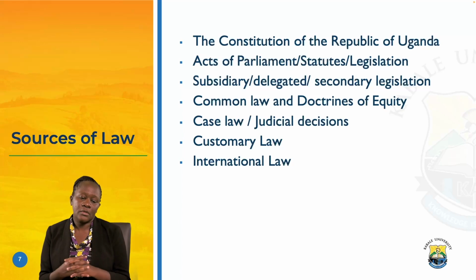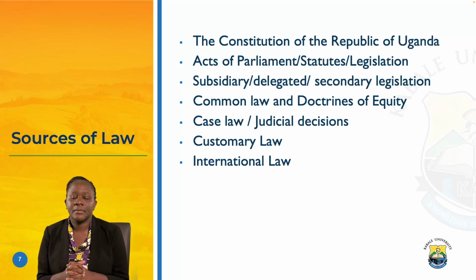And then, of course, one of our sources of law is case law or judicial decisions. You know that in Uganda, just like many other places in the world, we apply case law or judicial decisions, or even judges make law. And hence the doctrine of precedent.